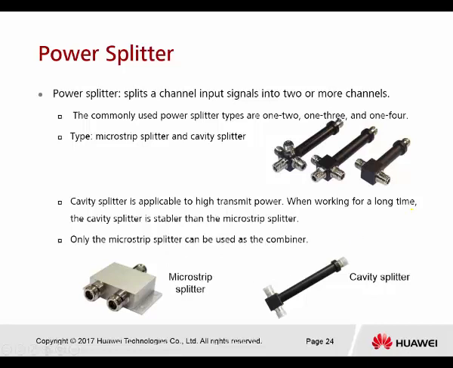The most common use is to put our RF cable, the feeder line, as an input, split into 2, and these are the outputs. The microstrip splitter allows you to do it in reverse: 2 feeder lines come in here and come out from one side. We can combine them into one, or we can do it in the reverse way.